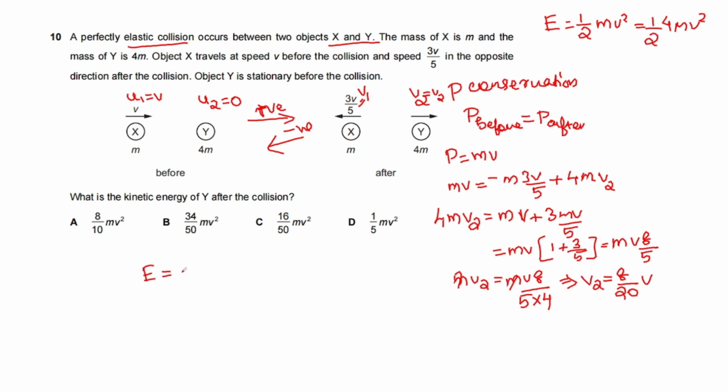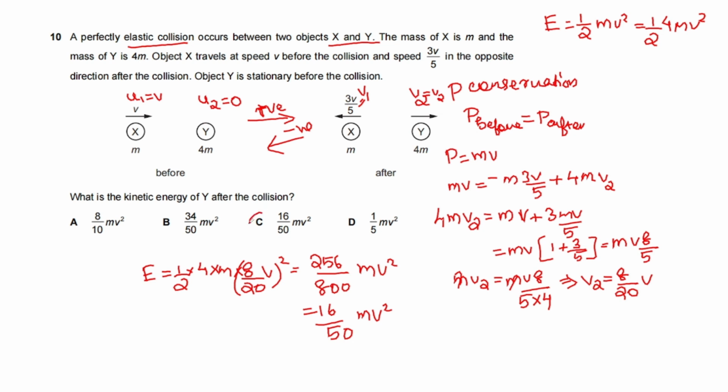So the kinetic energy is half times 4 times m times 8 divided by 20 v, whole squared. So let's do this calculation, and you'll get 256 divided by 800 mv squared, which is equal to 16 over 50 mv squared, which means that option C is the correct answer.